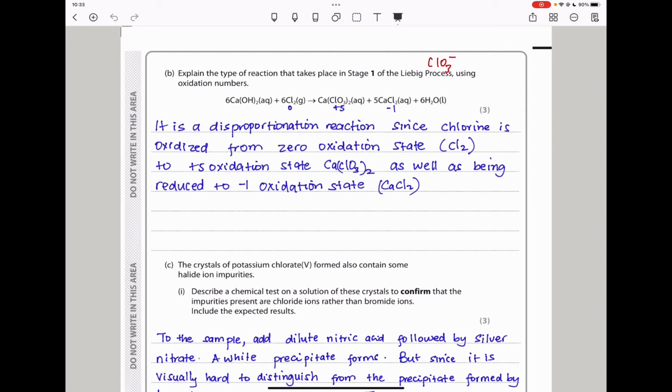So we can see chlorine is oxidized from 0 to +5 and is reduced from 0 to -1. That is a disproportionation reaction. So here I said it is a disproportionation reaction since chlorine is oxidized from 0 oxidation state in that to +5 oxidation state in that, as well as being reduced to -1 oxidation state in that. So you get 3 marks for that.